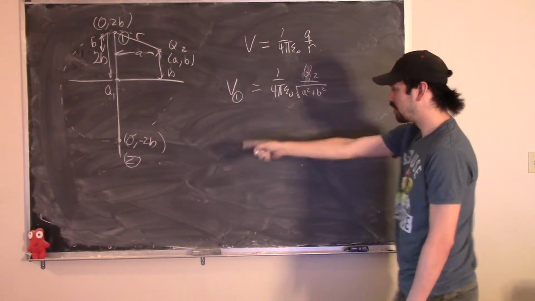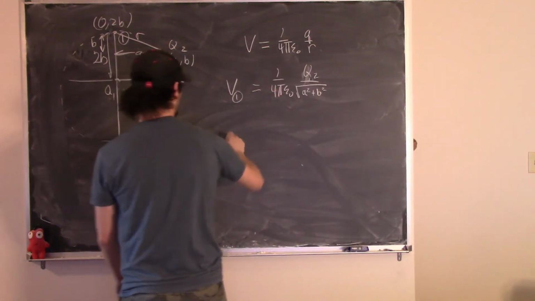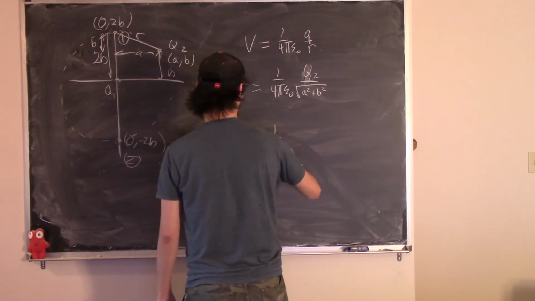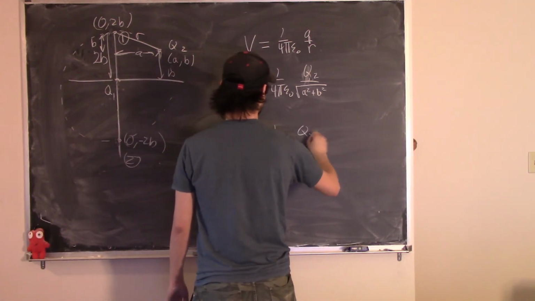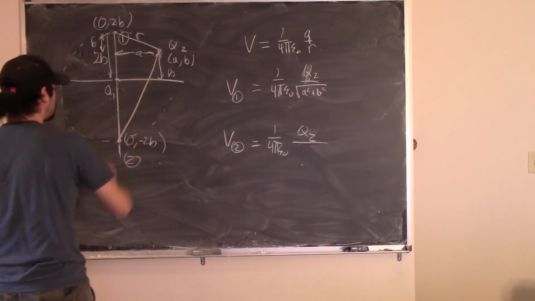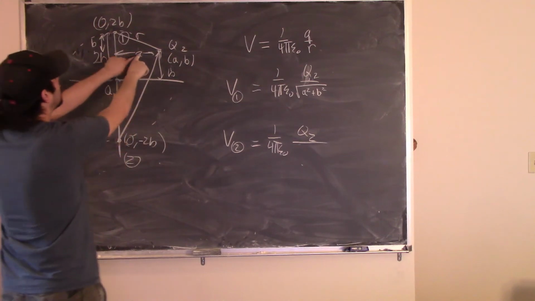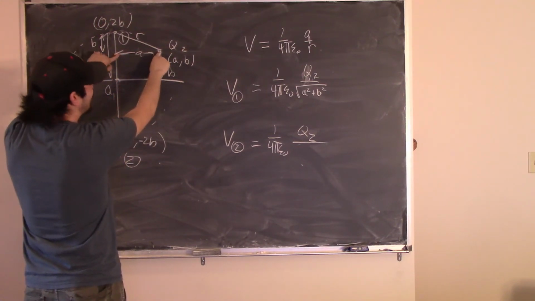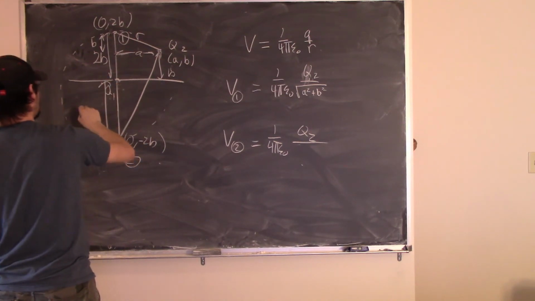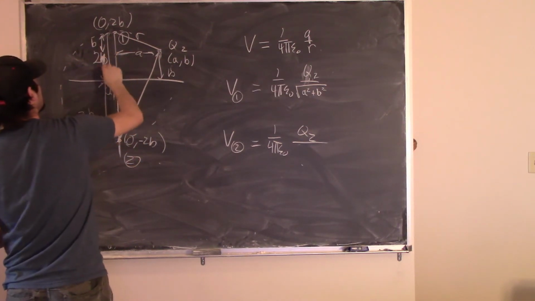Now let's look at point 2. V2 is going to be equal to 1 over 4 pi epsilon naught, Q2 divided by this distance. Again, this distance here is just the distance a, but this distance now is 2b, and this is the distance b.